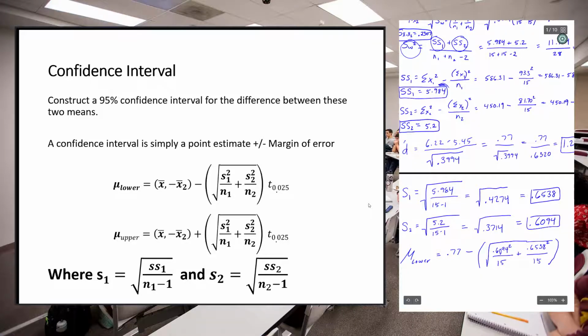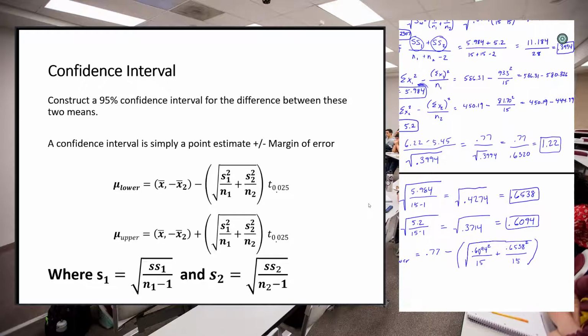And then we need to multiply it by the t value that will cut off 0.025 at the end of each tail.